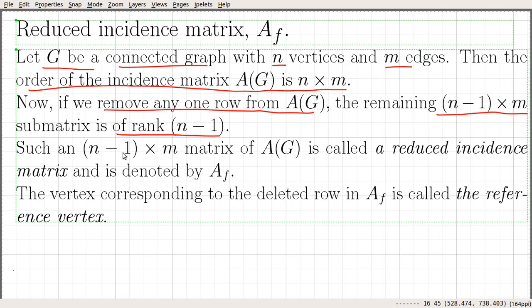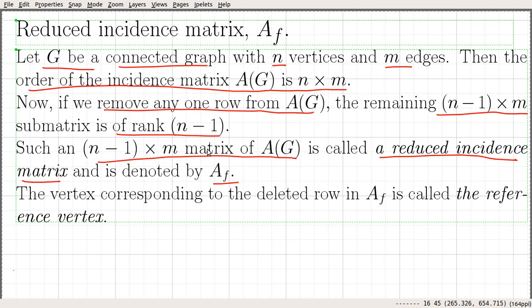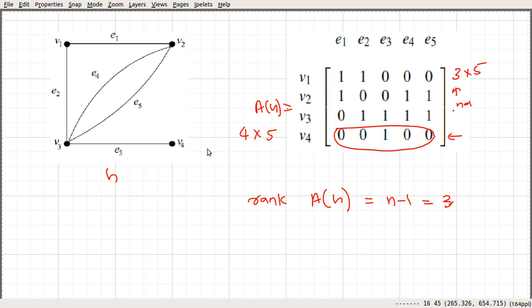Such an n minus 1 by m submatrix of the incident matrix is what is called a reduced incident matrix, and usually it is denoted by A_f. For example, if you consider this graph, here we have this submatrix, and this submatrix is what is called a reduced matrix.